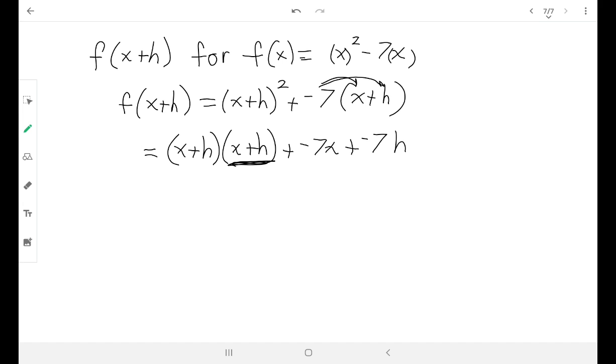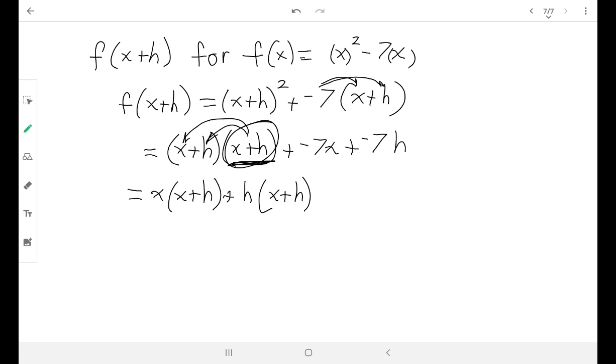And then I'm going to take this and distribute it to both parts of that. So then I'm going to have x times this whole thing here, x plus h, then this plus h, that h, times that whole x plus h, that one right there. And then I'll just tack on the plus negative 7x plus negative 7h onto the end of it there.